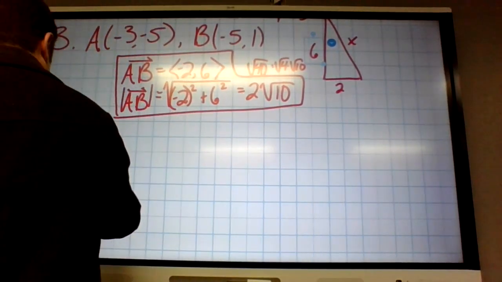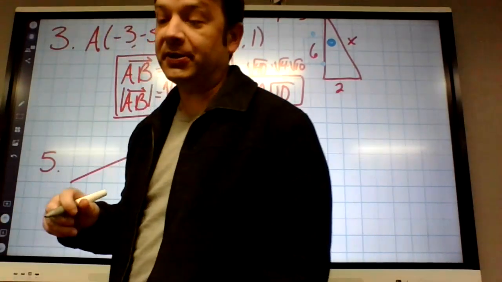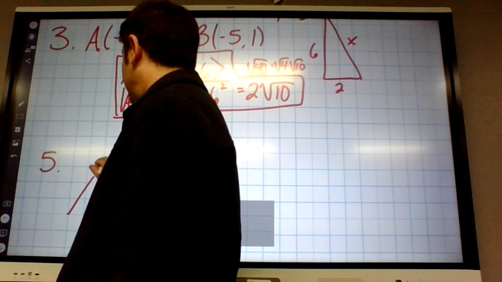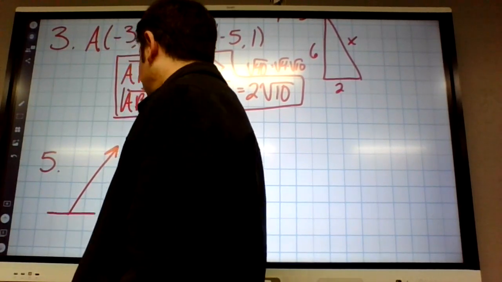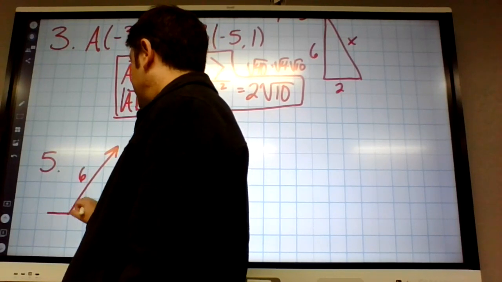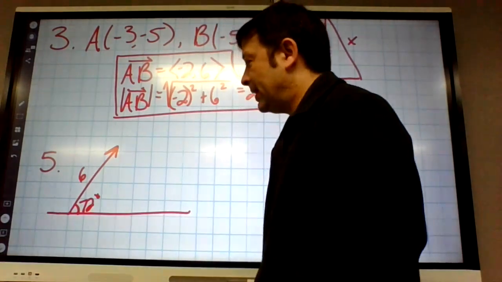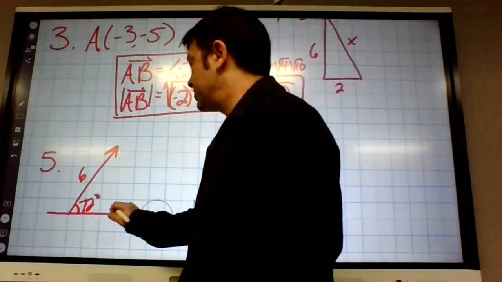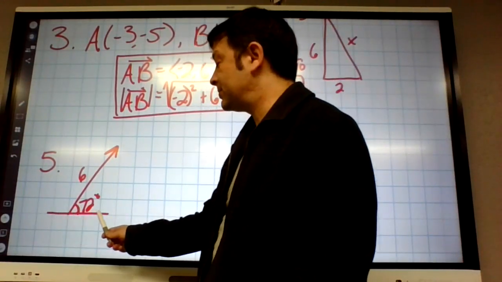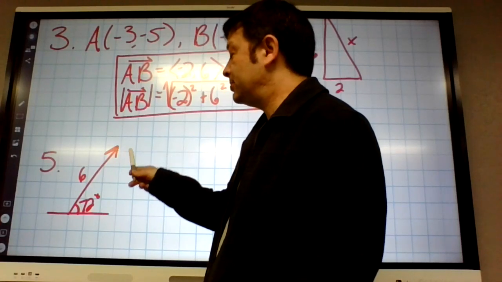So it basically tells you the length of the vector is 6, and then that angle is like how far off the x-axis it is. So that 72 degrees would be like this angle right here. And they want us to change this to component form. Like how far is it moving in the x direction? How far is it moving in the y direction? So how could we do that?